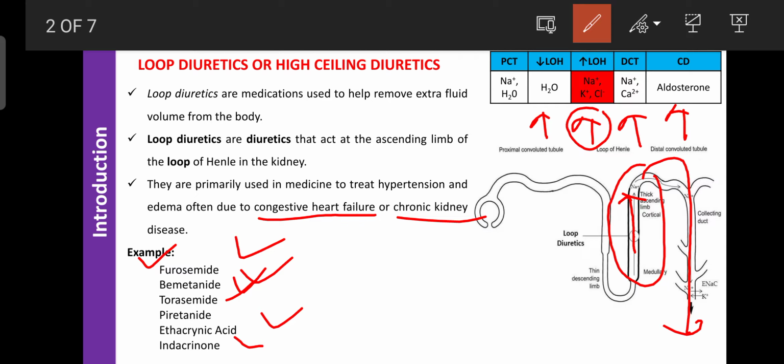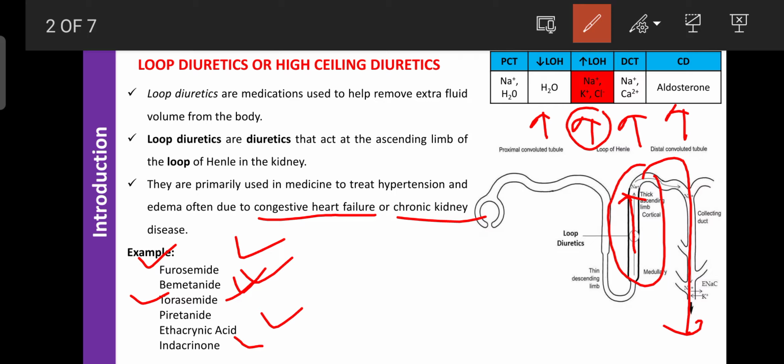But nowadays, instead of furosemide, torsemide is commonly seen in prescriptions as a diuretic, because of its duration of action. Furosemide has around 6 hours duration of action, but torsemide acts for more than 24 hours to cause diuresis. That's why they are commonly used for the treatment of hypertension or congestive heart failure.